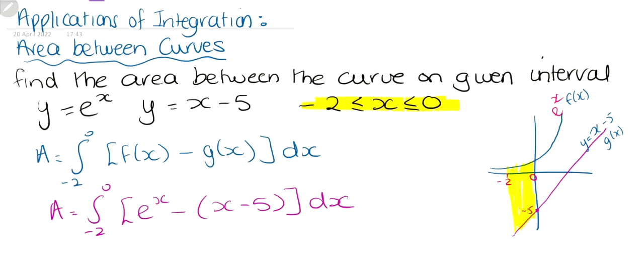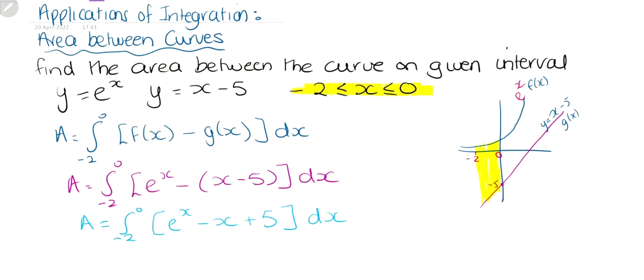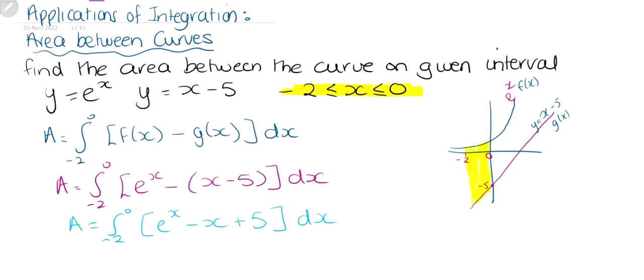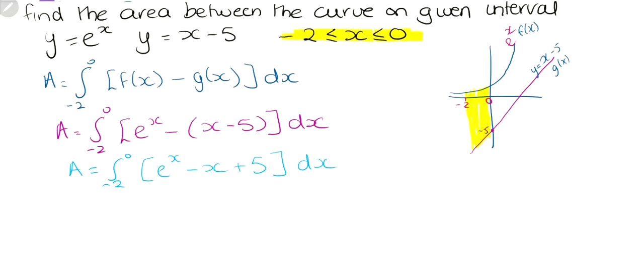Now I'm going to simplify, so I'm going to expand this bracket. So e^x - x, and this negative and negative is going to be +5, dx. Now I need to integrate. So let's just move this up a bit.